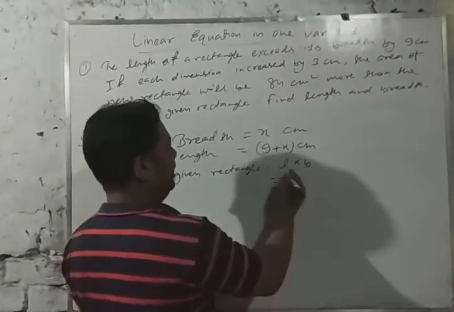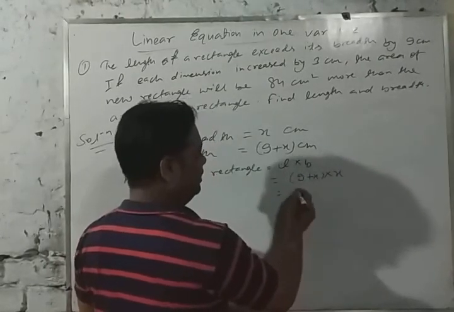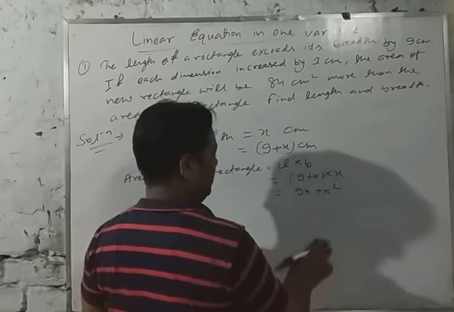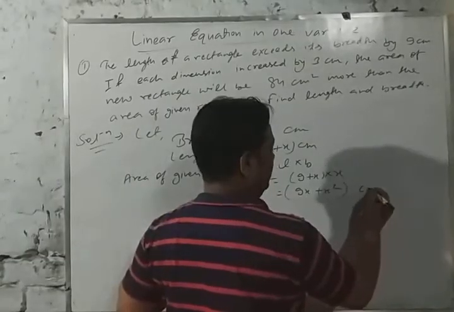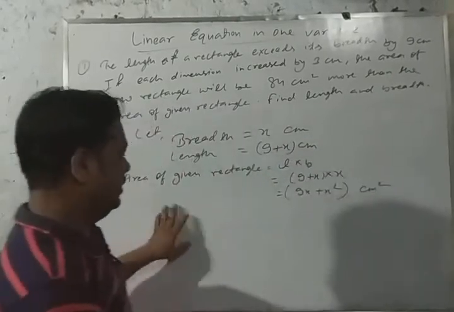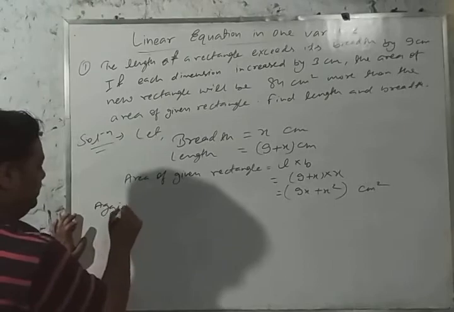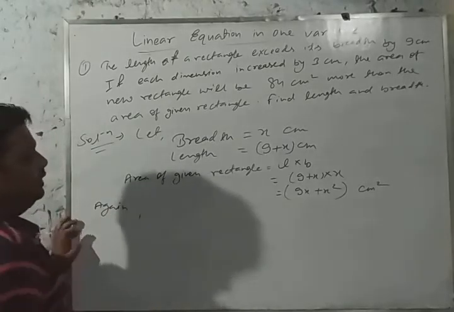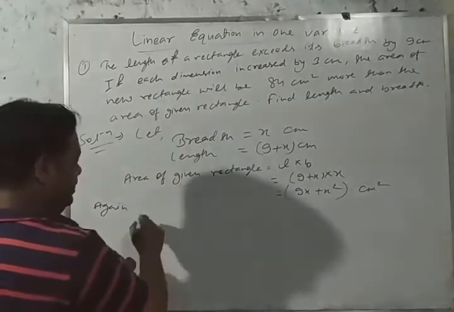Length will be 9 plus x and breadth x. Multiply it: 9x plus x square. This is the area. We will write the unit also, centimeter square. Then again, the new area.